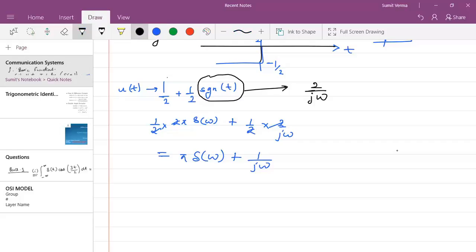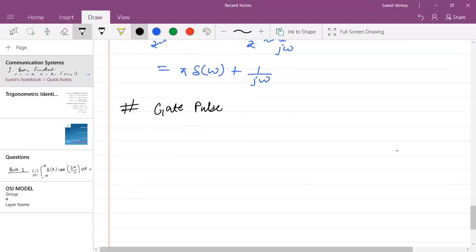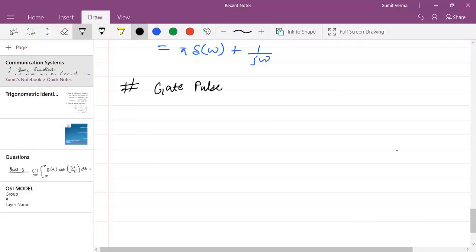Now another function that we will see a lot in communication, which we will be calling the gate pulse. The gate pulse is basically similar to the rectangular pulse that we saw before, not much difference there. But I will define this gate pulse function to be symmetric about the origin.